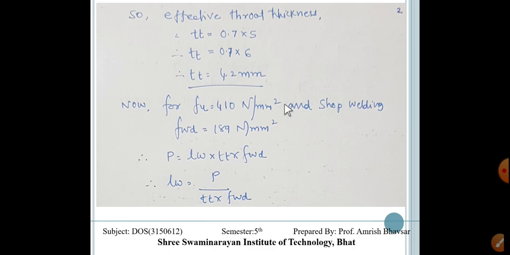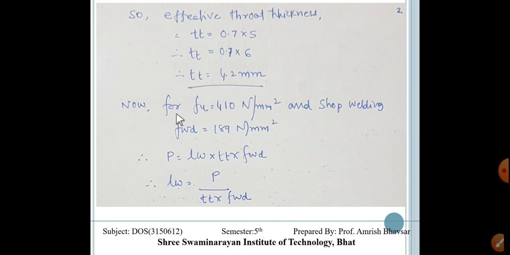Now after getting the size of weld, we must find out the effective throat thickness, indicated by TT, and the equation for TT is 0.7 into S, as discussed earlier. So TT is equal to 0.7 into 6, so we get TT equal to 4.2 mm.